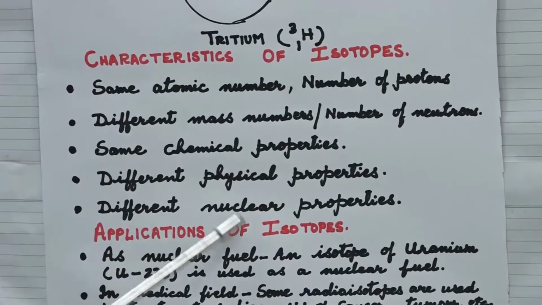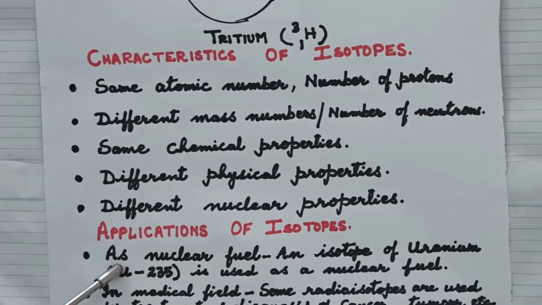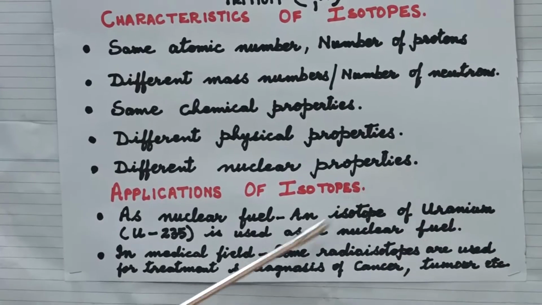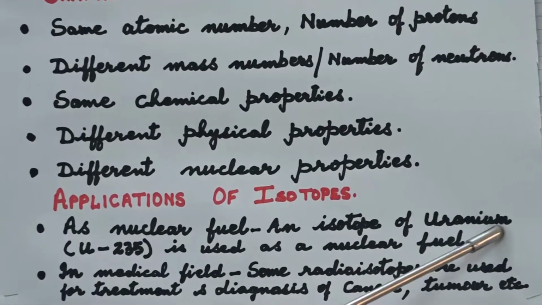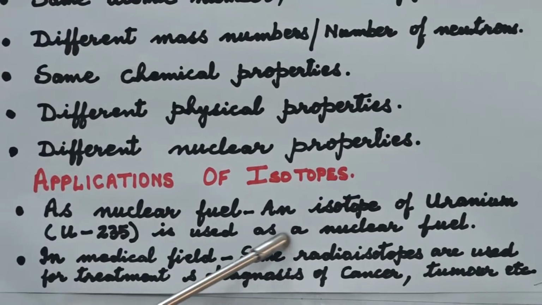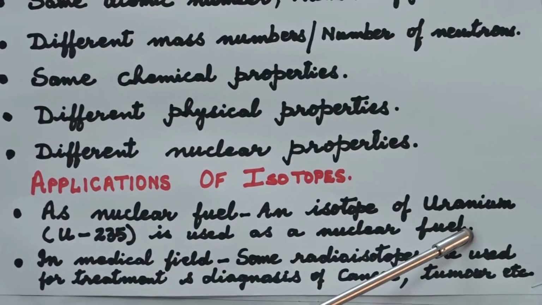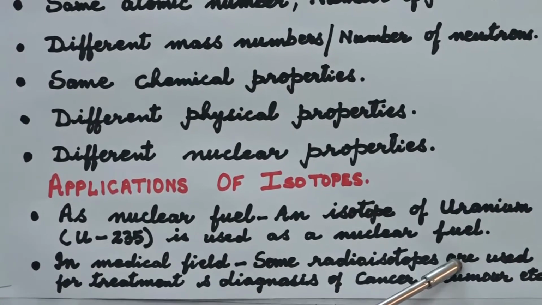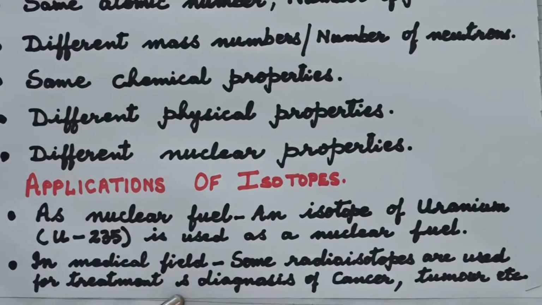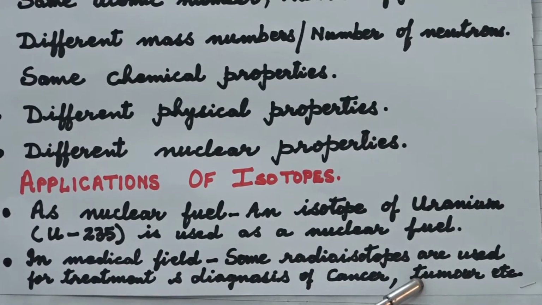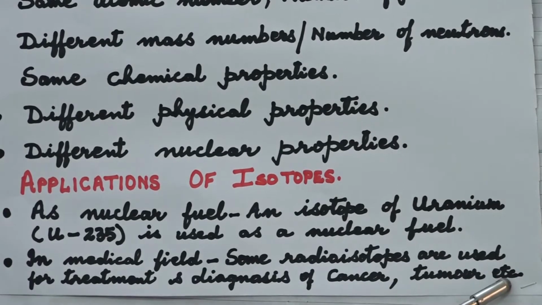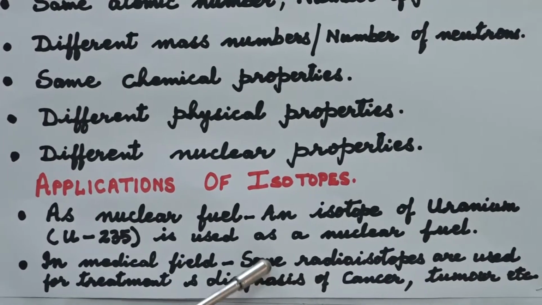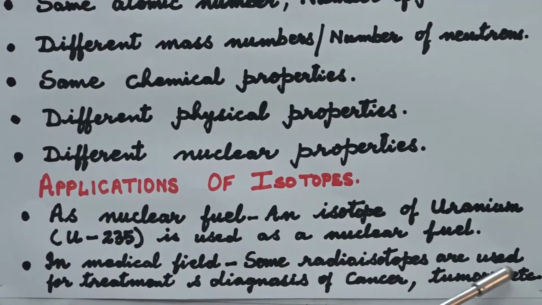Applications of isotopes. Isotopes are used in the nuclear reactor. For example, the isotope of uranium U-235 is used as a nuclear fuel. Isotopes are used in the medical field. Some radioisotopes are used for treatment as well as diagnosis of fatal diseases like cancer, tumor, etc. Like cobalt with mass number 60, which we call generally cobalt-60 isotope, is used in the treatment of cancer.